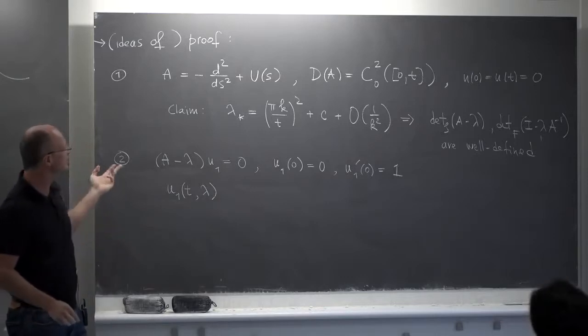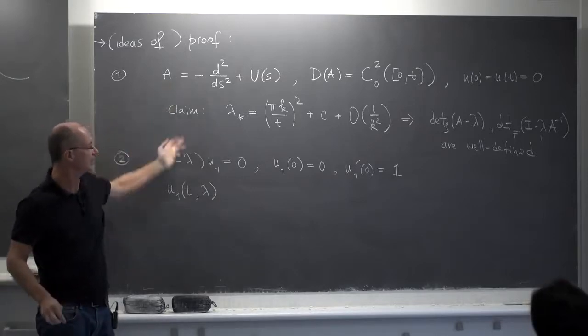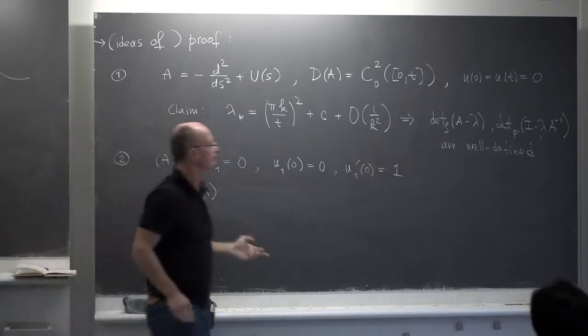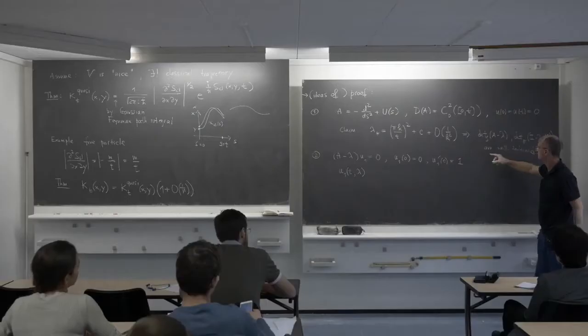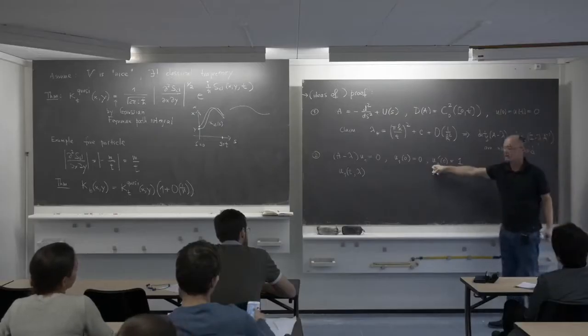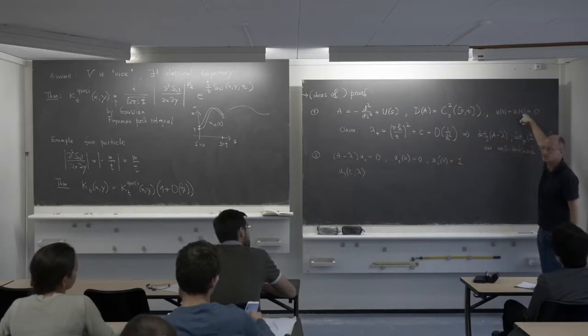Now, what does it mean that this operator actually has an eigenvalue with given boundary conditions? Well, this means that this solution u1 vanishes at t, right?